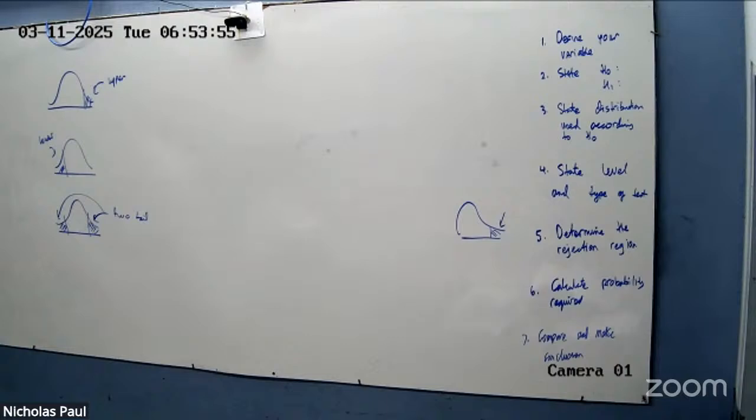If your H1 involves a less than sign, then it's a lower tail test. So you're looking at H1. If H1 has a less than, then we're doing a lower tail test. If H1 has a more than, we're doing an upper tail test. Question: what do you think H1 has to be for it to be a two-tail test?